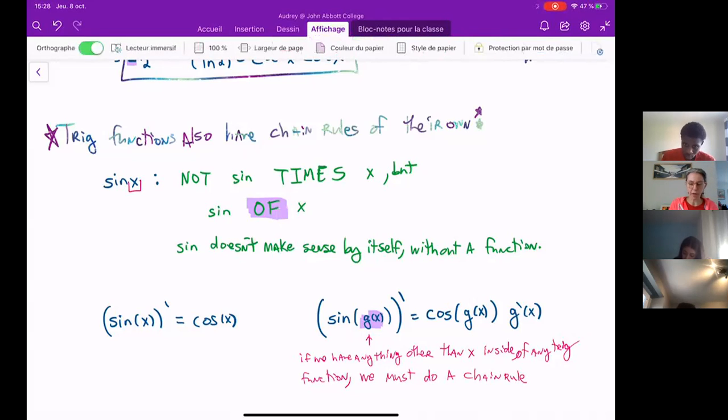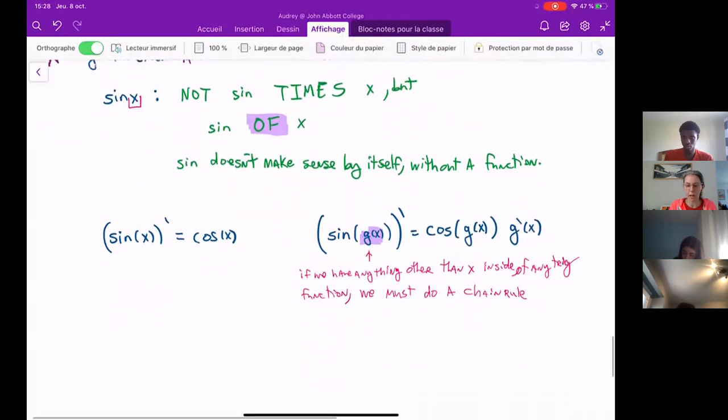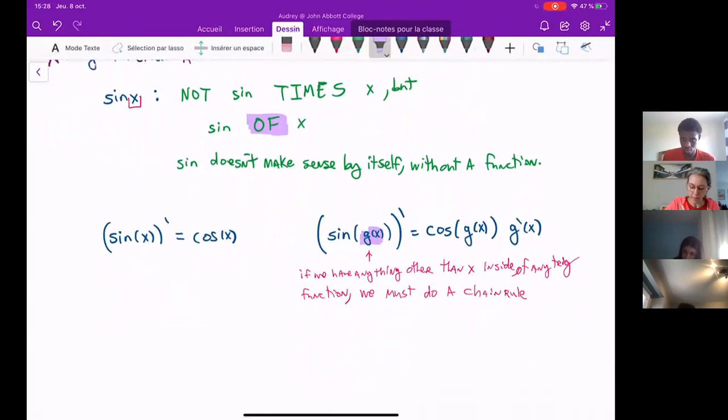So I'm going to do an example that hopefully helps you guys see the difference between like of and times here. And then we're just going to do a bunch of chain rules that have trig inside of them.